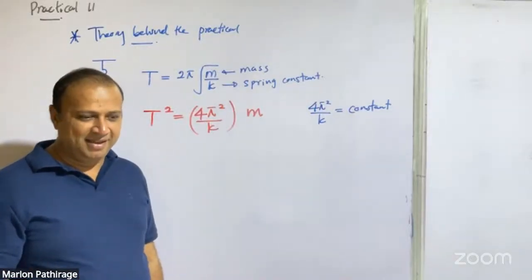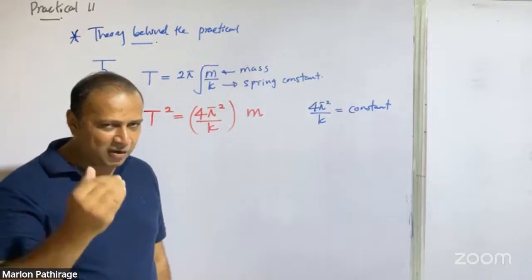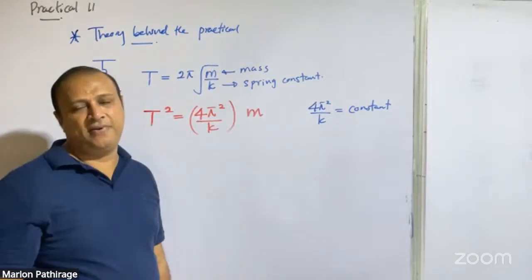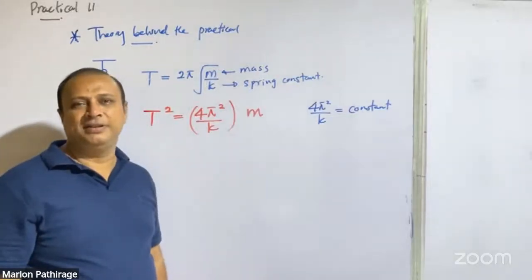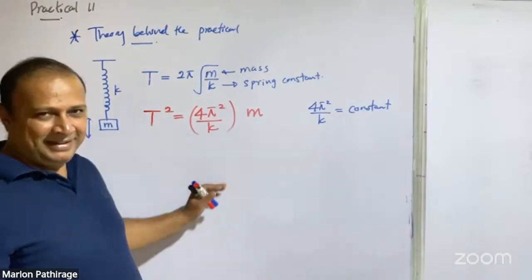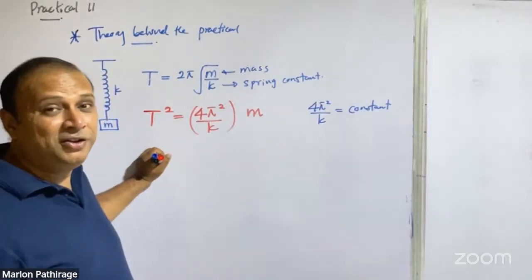And again, how do you identify the dependent variable and independent variable during the practical or during experiment?